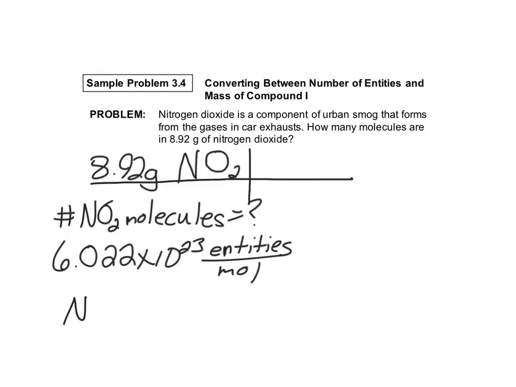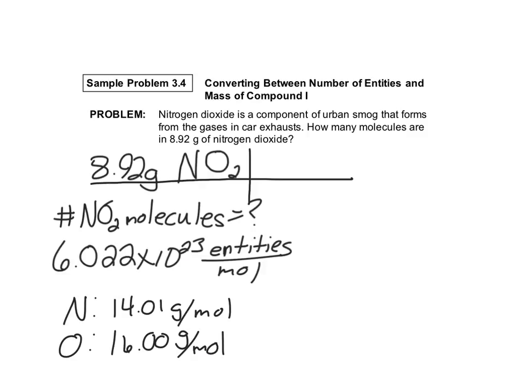So let's see, the mass of one nitrogen atom is 14.01 grams per mole. The mass of an oxygen atom from the periodic table is 16.00 grams per mole. So if I'm trying to find the molar mass of NO2, that's going to equal 14.01 plus 2 times 16, right?